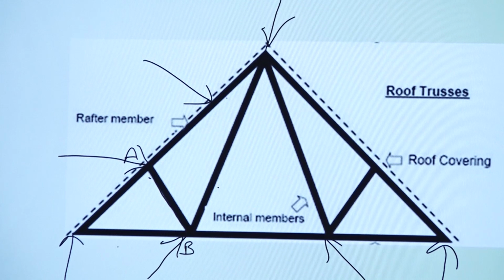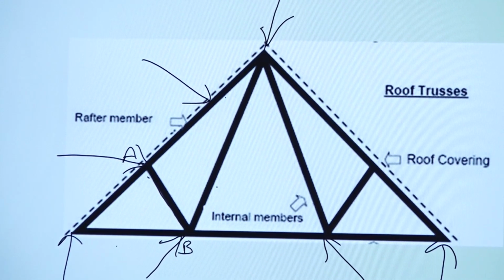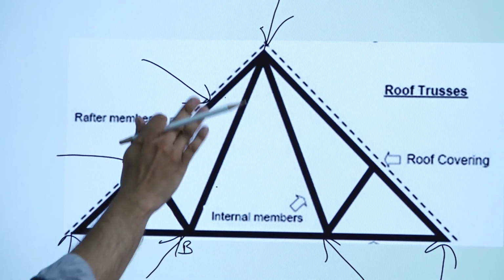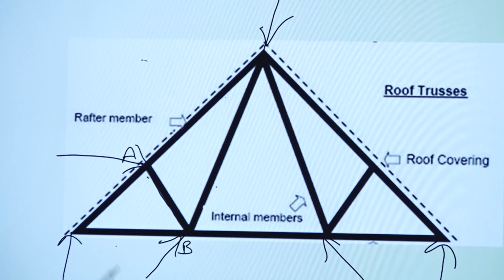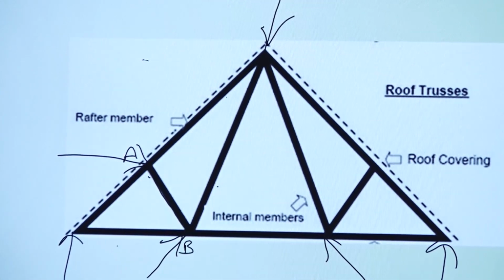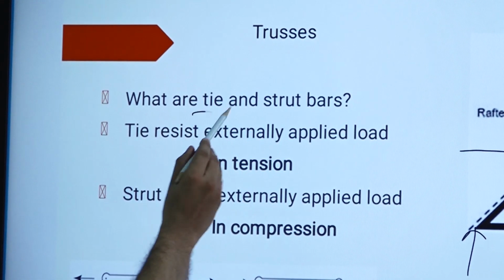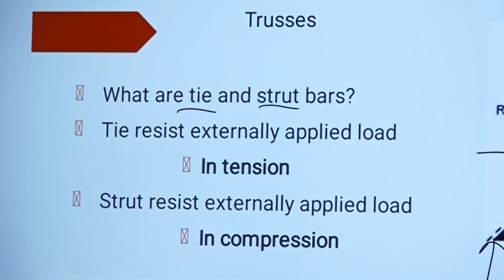Then it is not called a truss, it is a different system that we study in kinematics of machines or dynamics of machines. But in engineering mechanics, we are going to study only forces acting at the joints, right? Before going into trusses, we have to understand what are tie and strut.